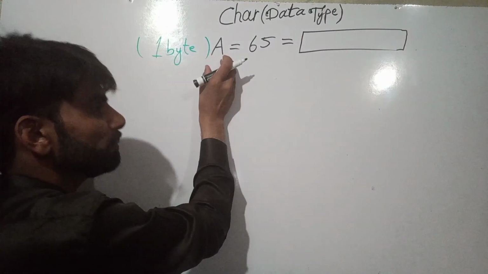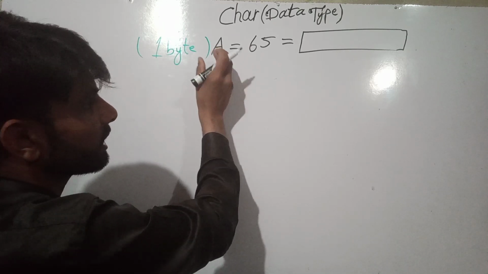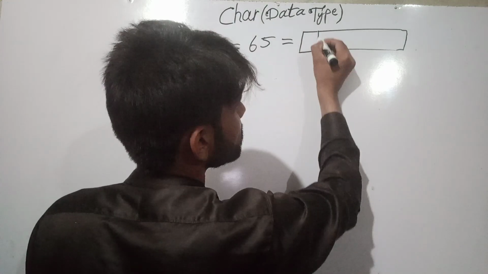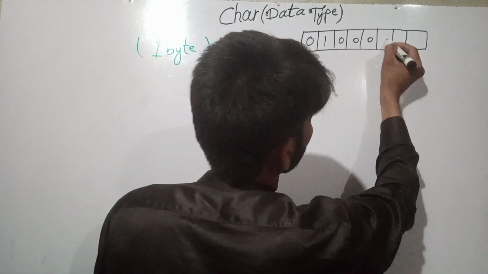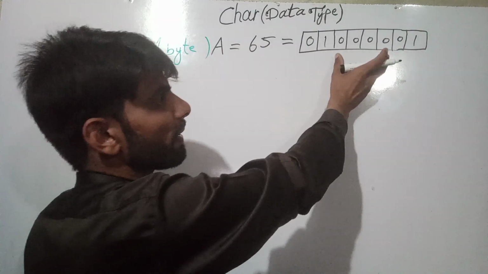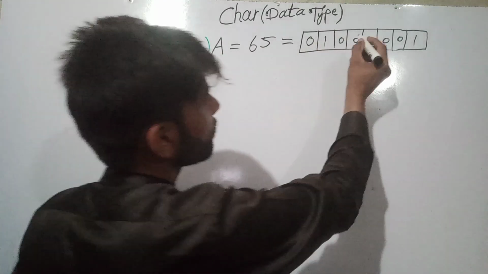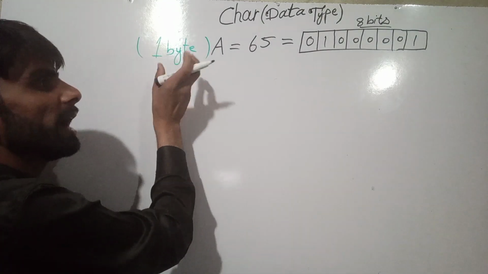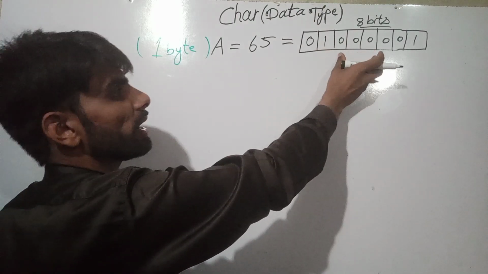In this way the compiler converts this value into binary form, because every character in our C language takes 1 byte, and 1 byte is equal to 8 bits. So this is the binary form of the alphabet A, and these are the 8 bits. 8 bits equal 1 byte. Every character takes 1 byte, that is 8 bits.